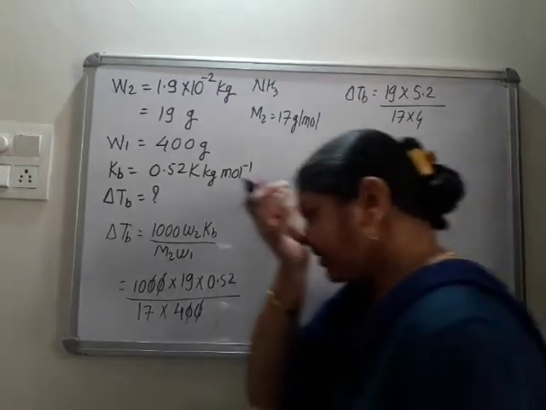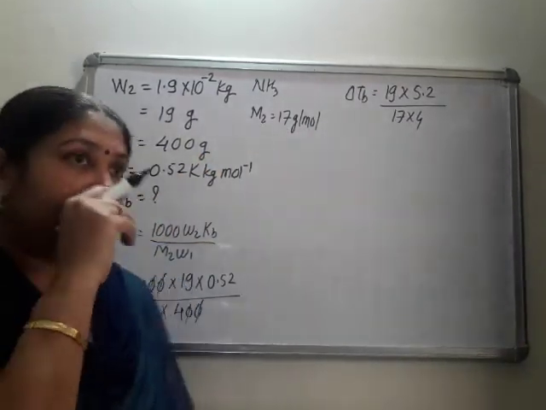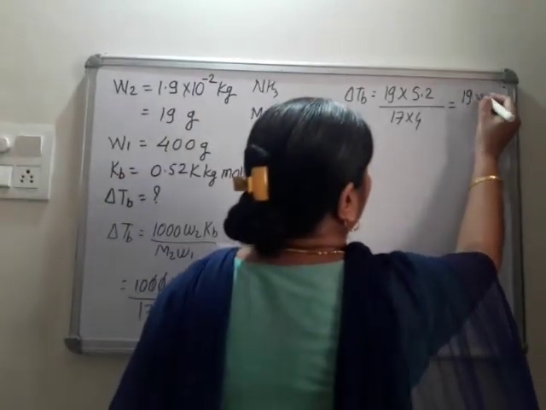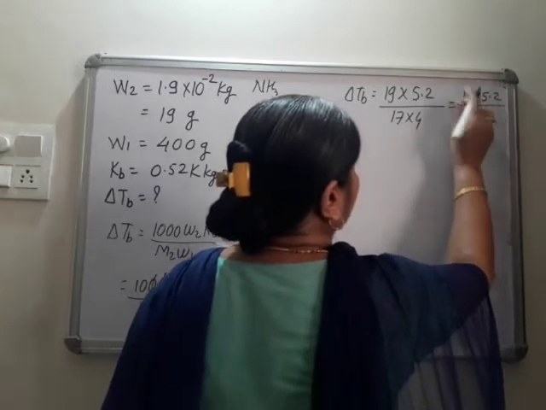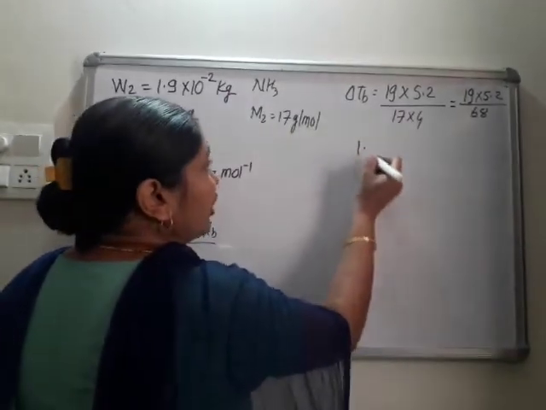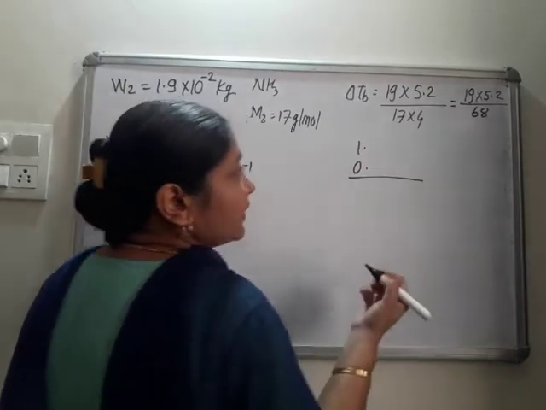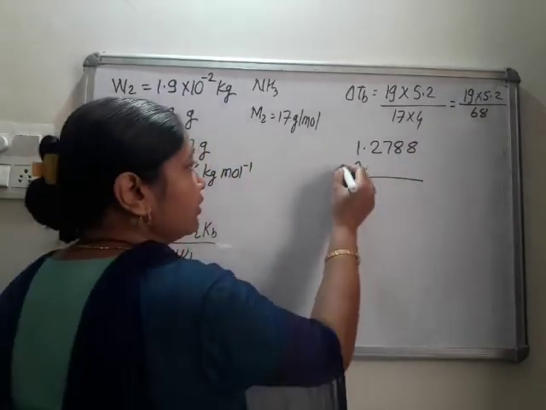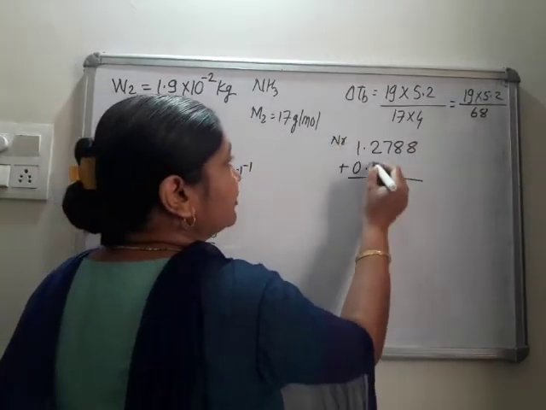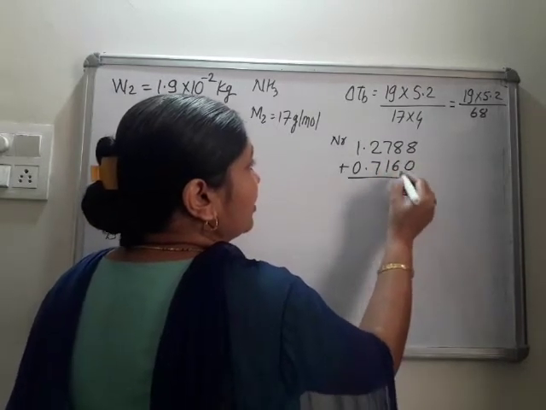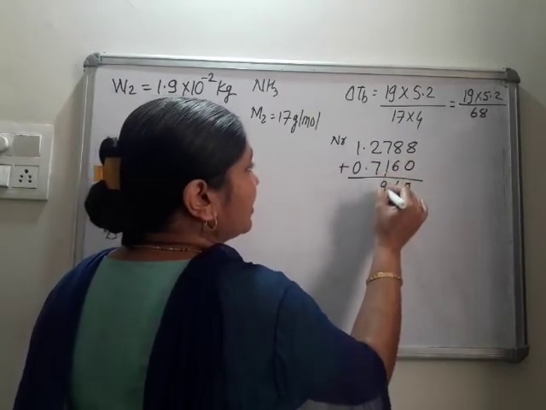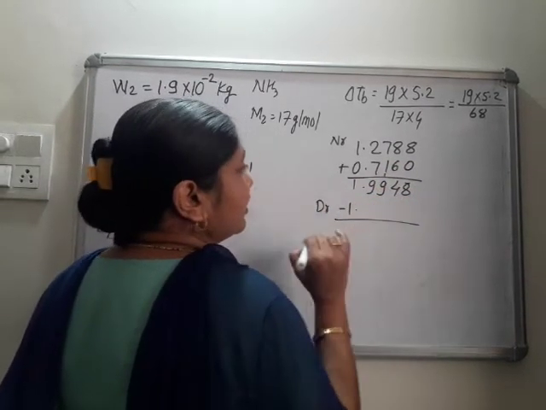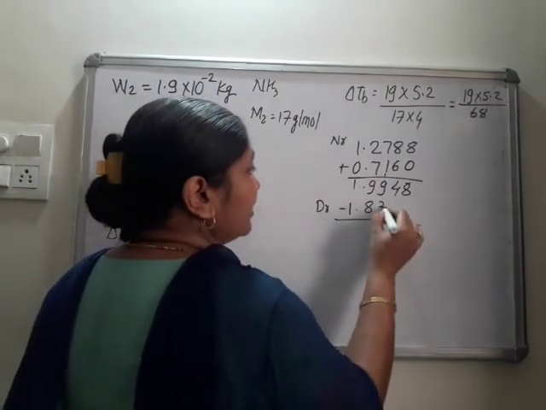17 into 4 is 68. Correct, na? You can write directly 68. So this is 19 into 5.2 upon 68. Tell me the logs. Log 19 is 1.2788 and log 52 is 1.7160. So this is equal to, what is log 68? 1.8325.